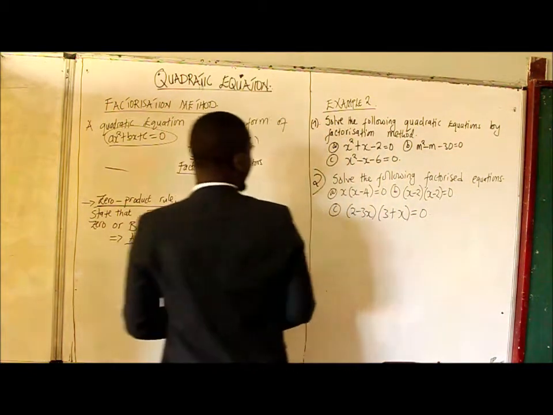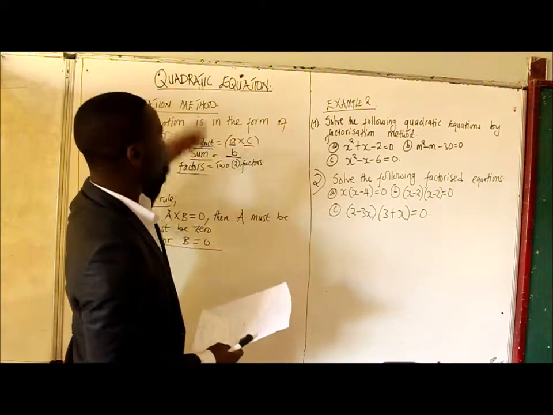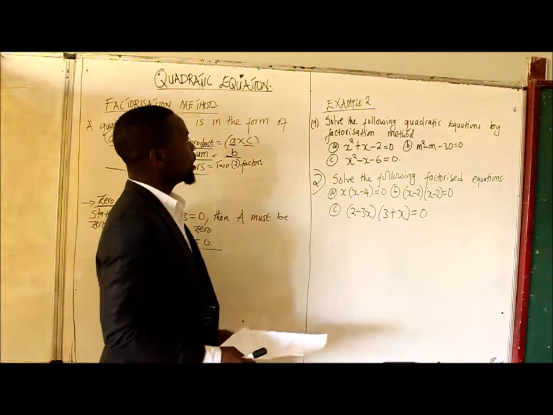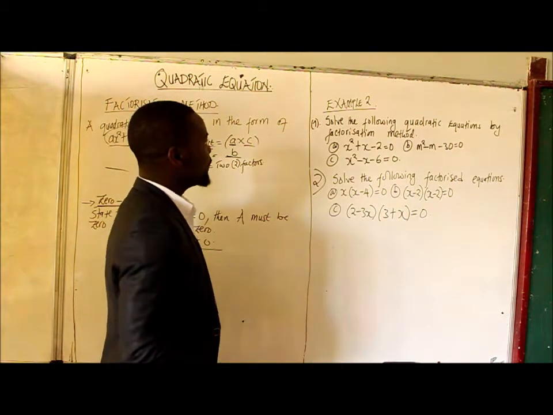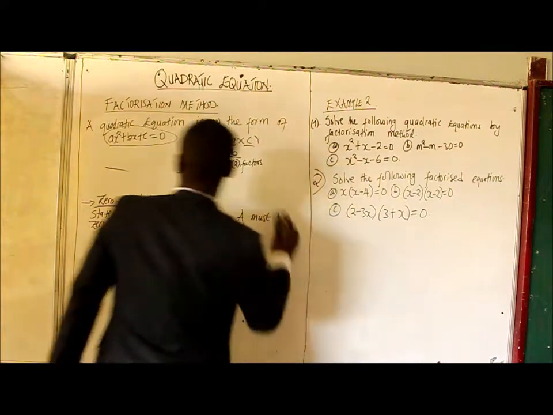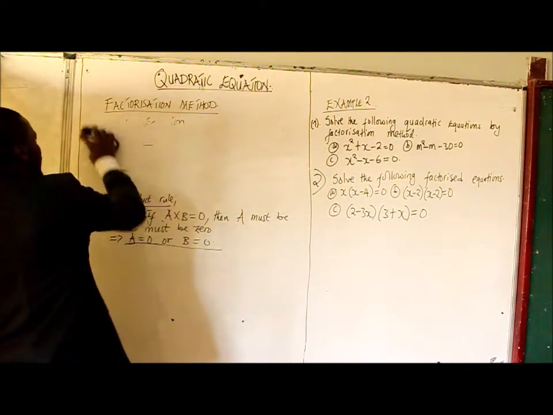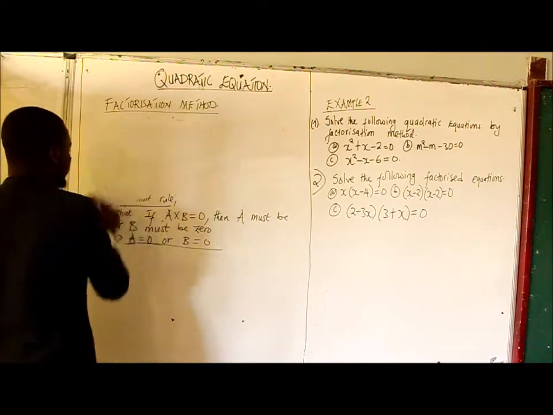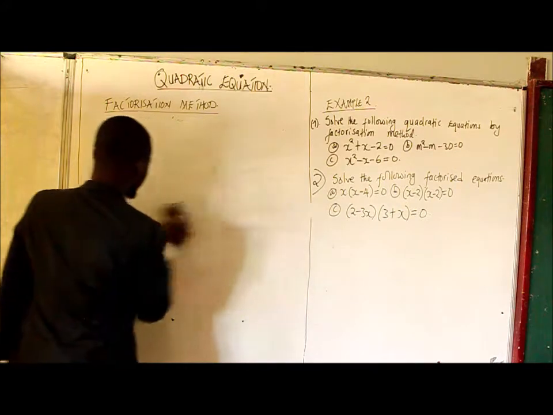Let's go to our examples. Example 2 of this quadratic equation topic. The first question says, solve the following quadratic equations by the factorization method. We are going to use the factorization method to solve each and every question in this video.